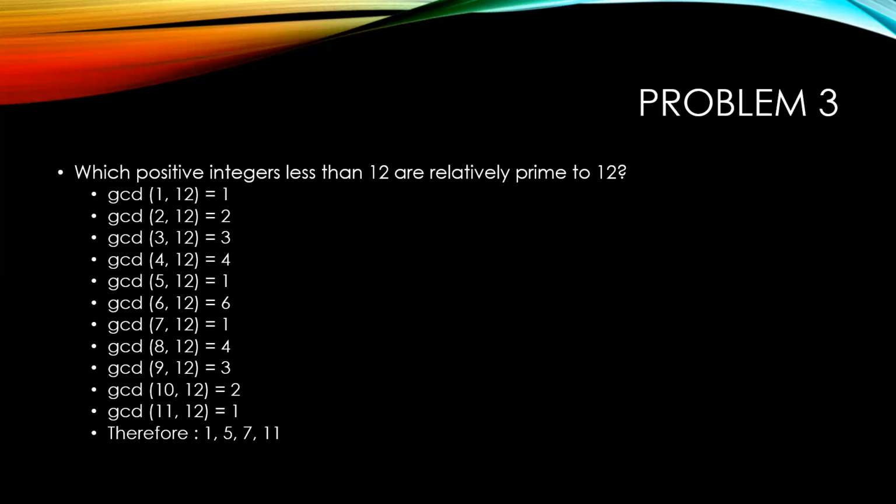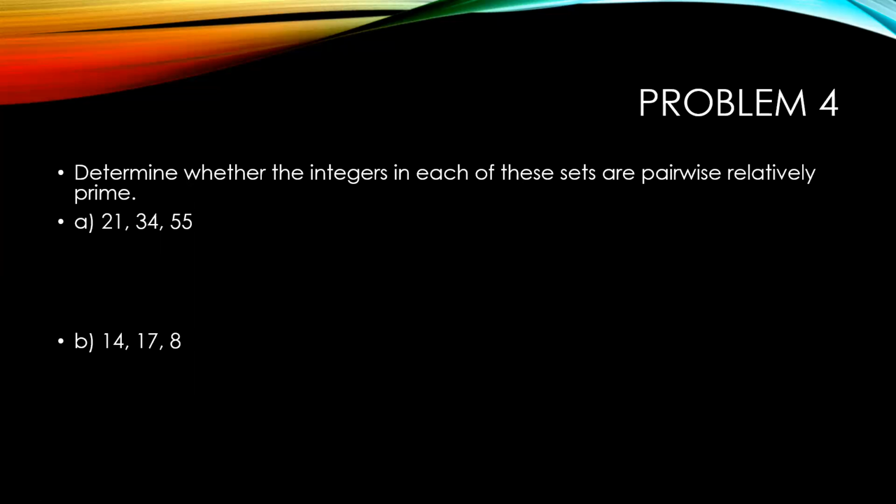Okay, again, if it's relatively prime, the GCD is equal to 1, or the common factor is just 1. Okay, now let's move on with problem number 4. Determine whether the integers in each of these sets are pairwise relatively prime. So we have 21, 34, 55, and 14, 17, 8.